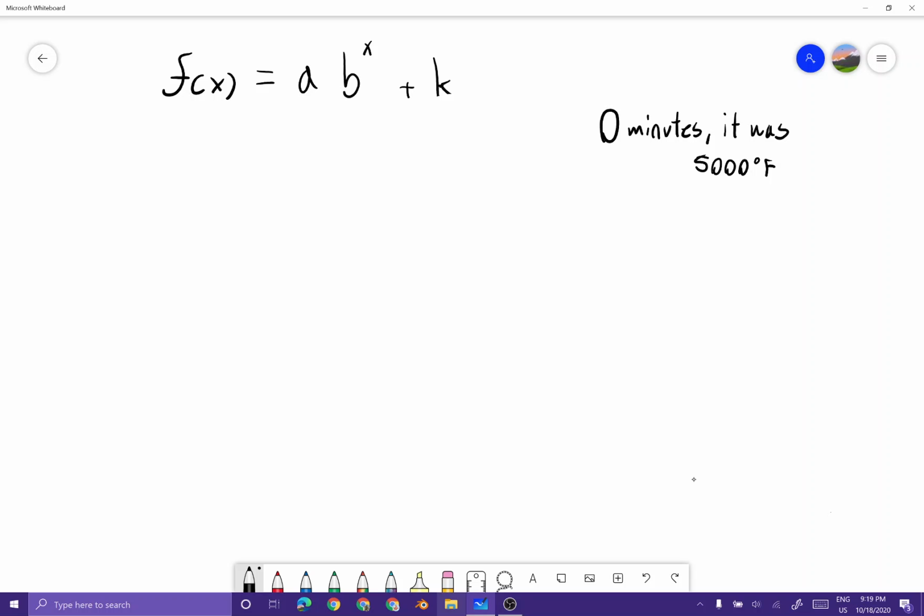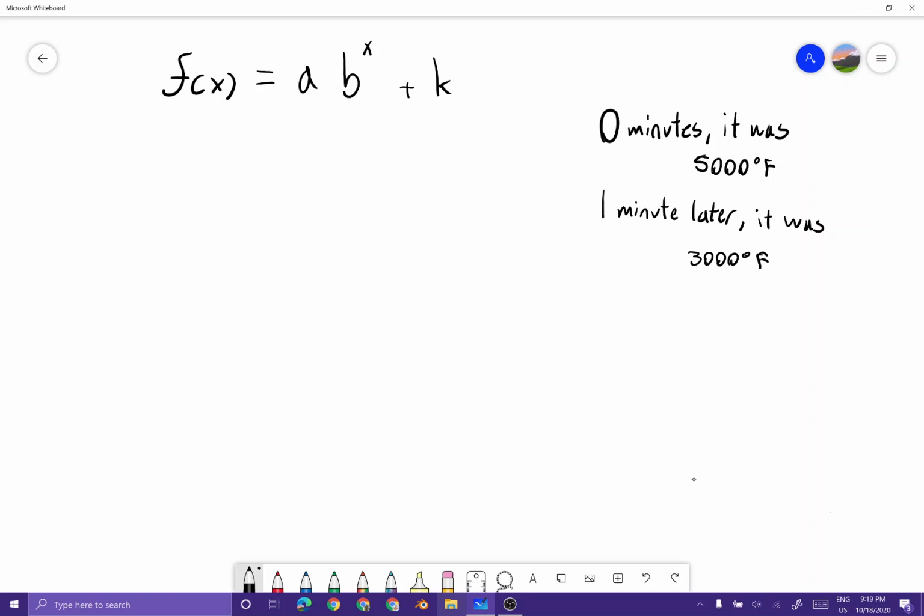1 minute later, it was 3,000 degrees Fahrenheit, when it's placed into a pot of water.